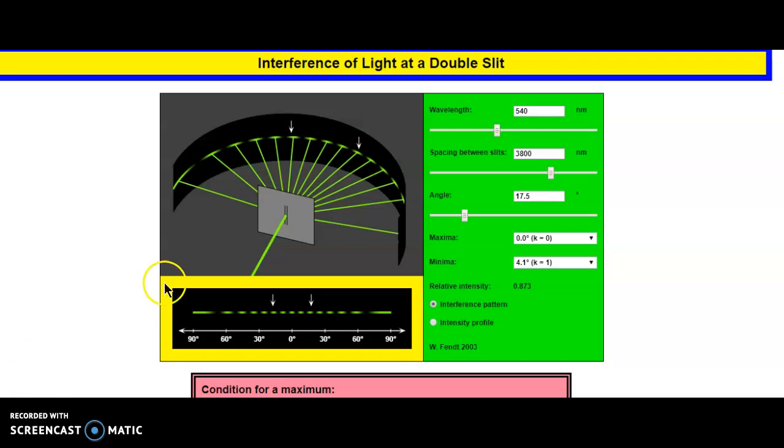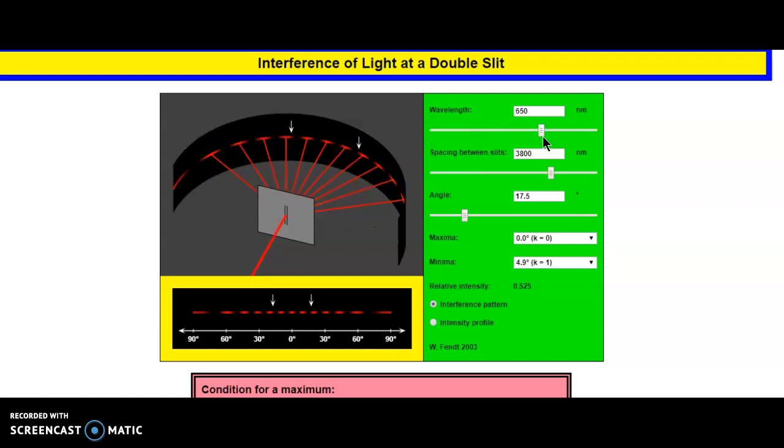Let us see how wavelength affects the number of fringes. Let us increase it. When we increase the wavelength, we have fewer constructive or destructive fringes. Increase it more. Okay.